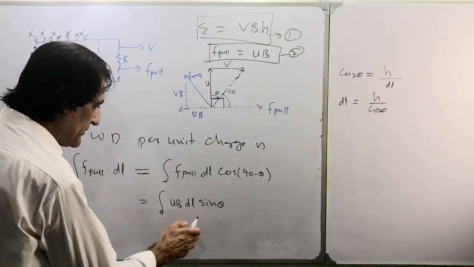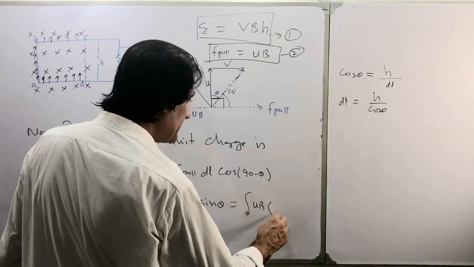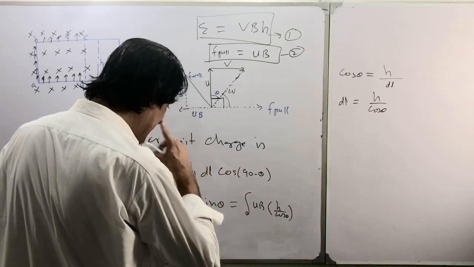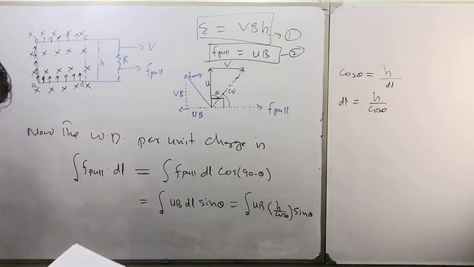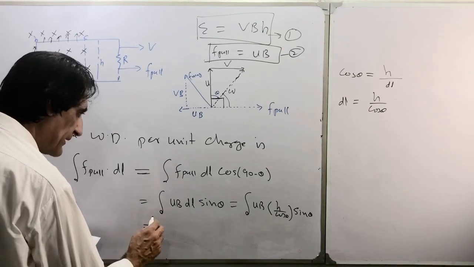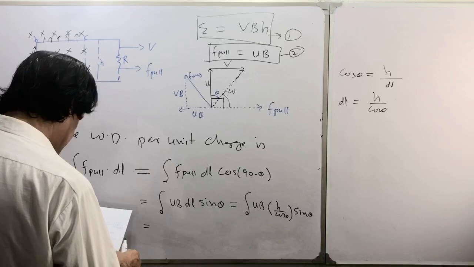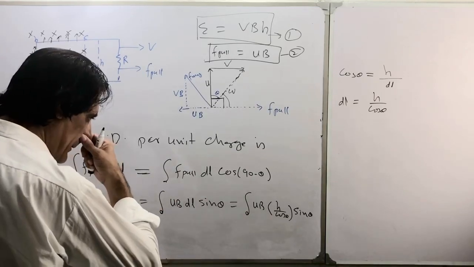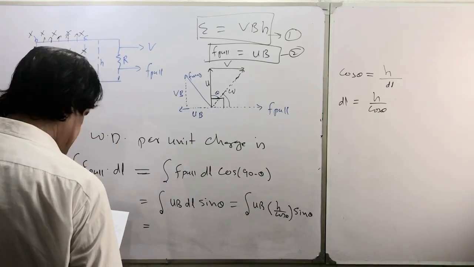So here we put UB and DL that we have calculated, h divided by cos theta, and sin theta. And finally, how we can write this formula.